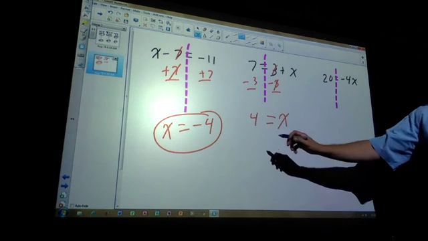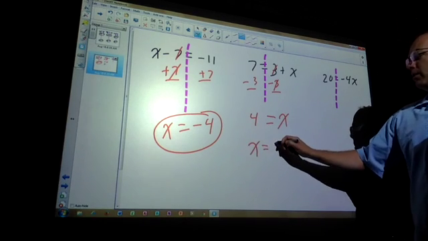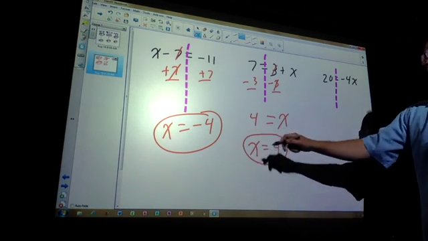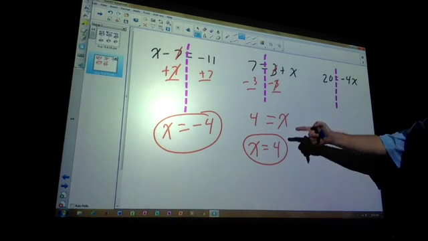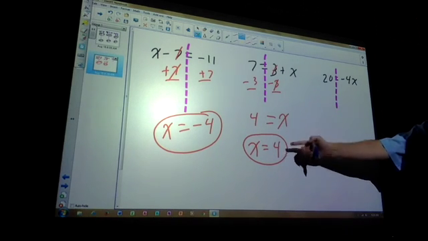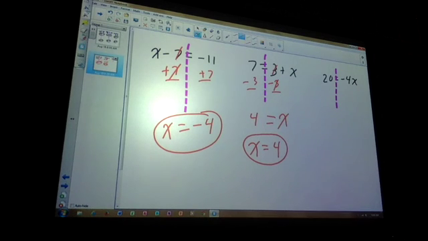But later in math, they will want you to have the variable first. So I'm just going to flip it over. Is this wrong? No. But a lot of times when you have multiple choice answers, it'll be written like this. So realize you flip-flop it. I know you're not in geometry, but it's called the reflexive property. So it just goes over itself. You don't need to know that.